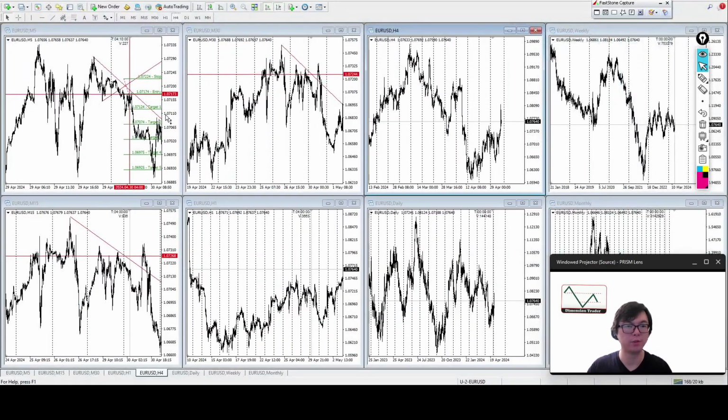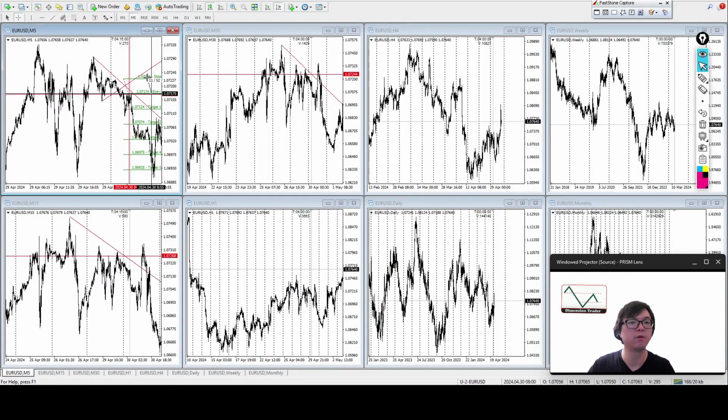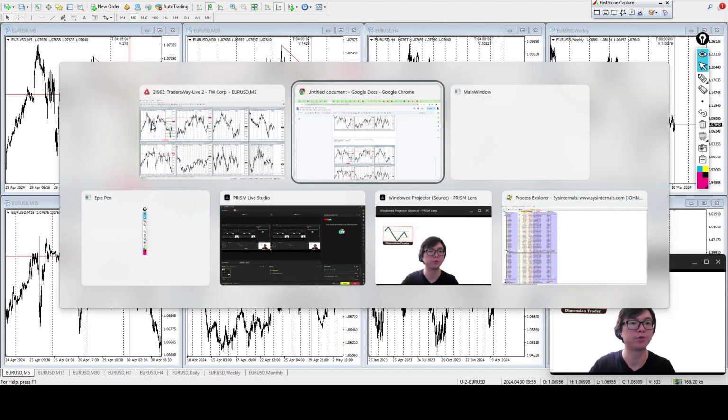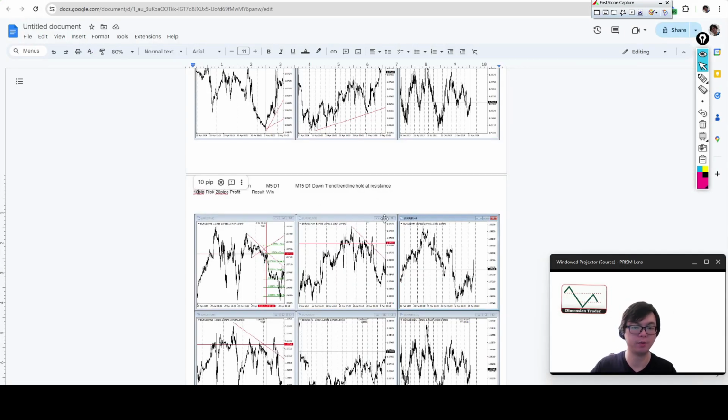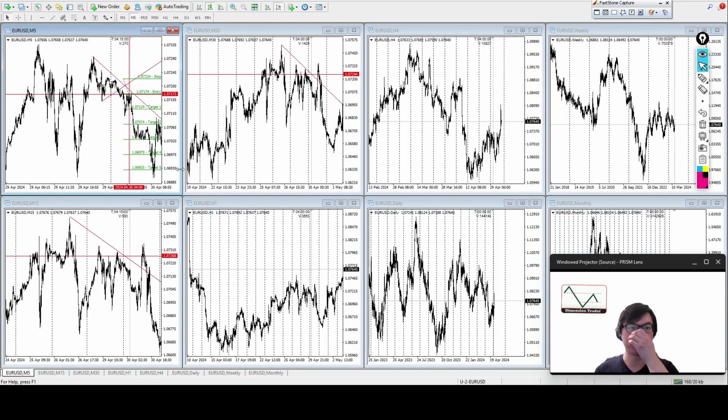And the risk 5 pip, 1 to 2, 10 pip. Result, win.